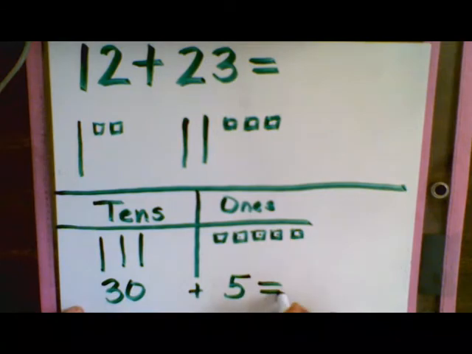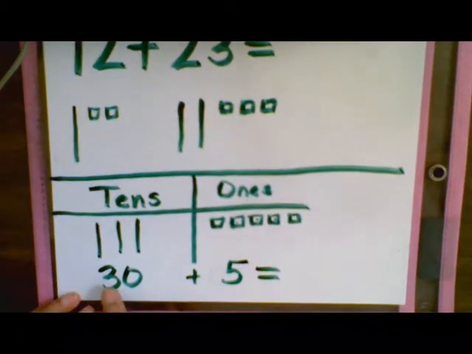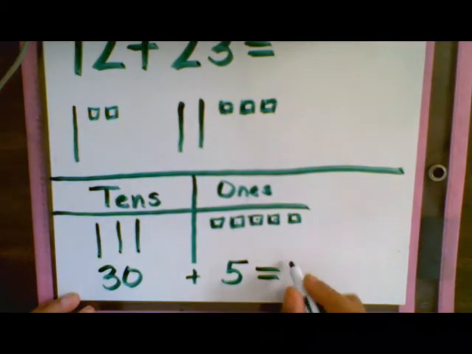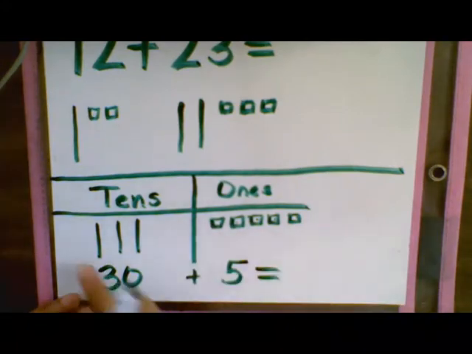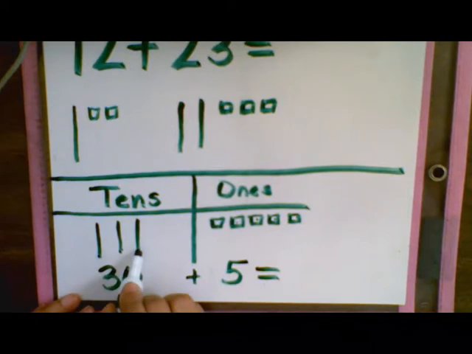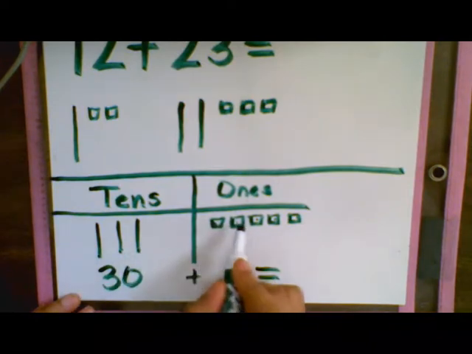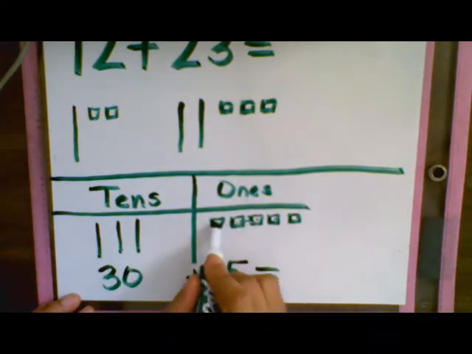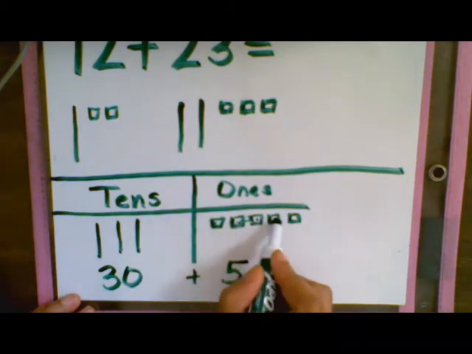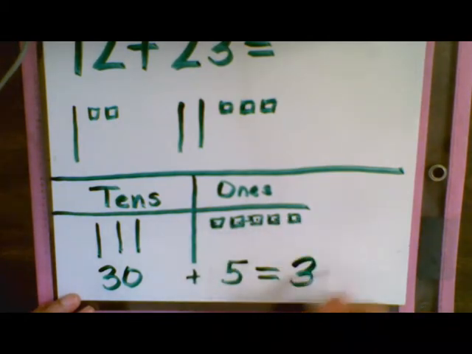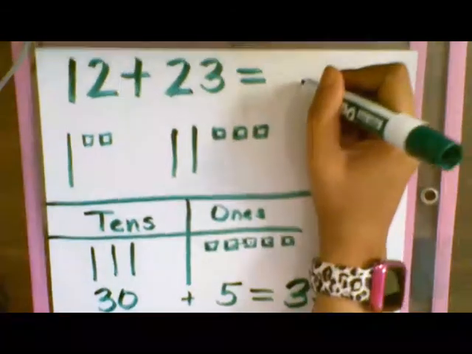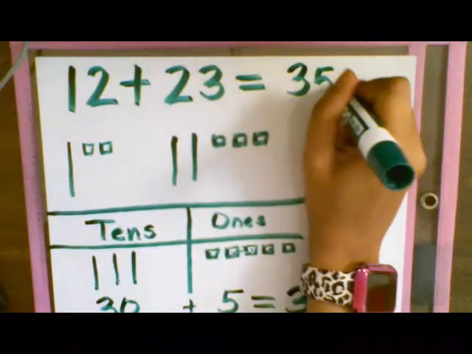So if we combine our numbers together, we have 30 plus 5. And if we count everything, it should come up to 35. Let's check. 10, 20, 30, 31, 32, 33, 34, and 35. So our answer is 35.